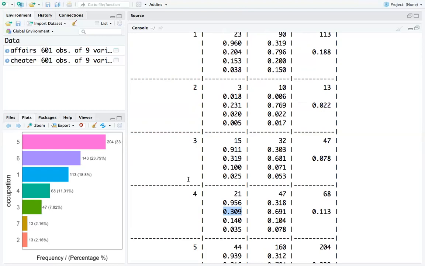Because that exact question, you see, if I were to submit a paper to an academic journal saying that I have determined that occupation 7 are cheaters, they're going to want to see all my background as to why I did that.